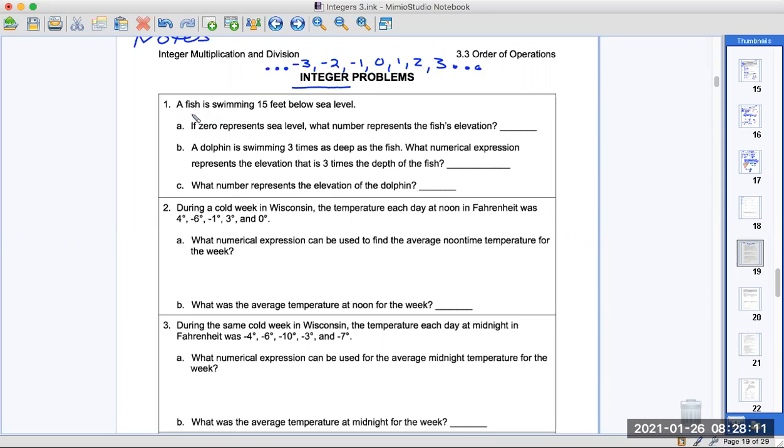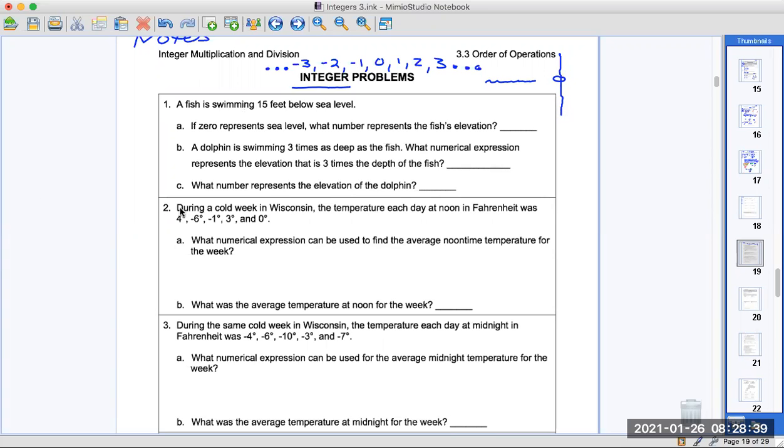So let's look. A fish is swimming 15 feet below sea level. If you think of sea level, and this is my ocean that I'm drawing, sea level is the 0, but the number line is actually a vertical number line, because when you dive into the ocean, you're going down, not sideways, you're going up and down. So sea level is 0.